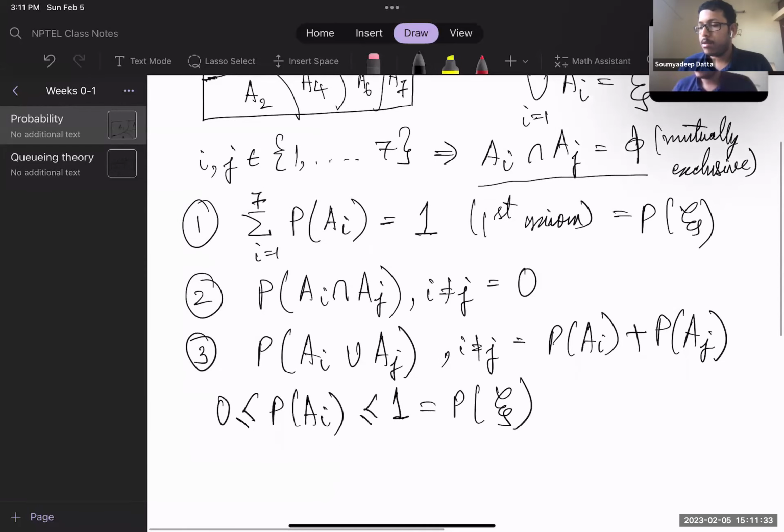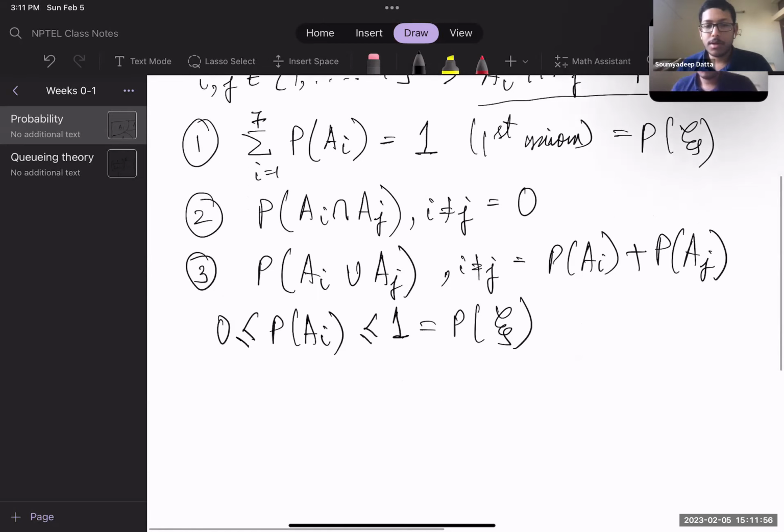So P of Ai for any i has to be less than or equal to the summation over all i's, because each quantity is positive and the summation is equal to 1. These are the basic axioms of probability that will help us solve many kinds of problems.